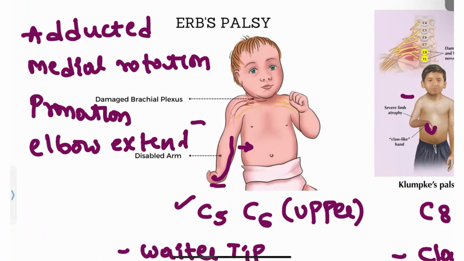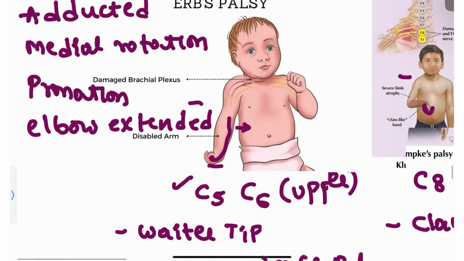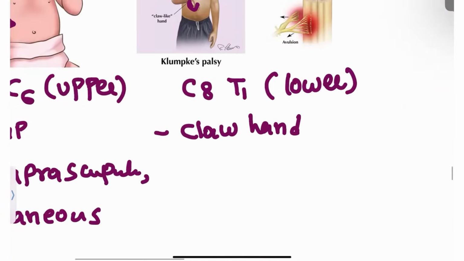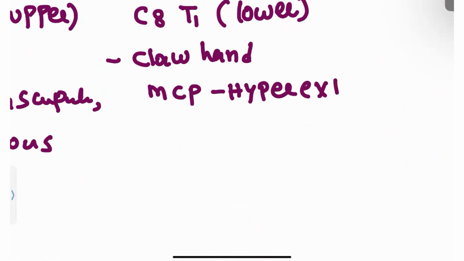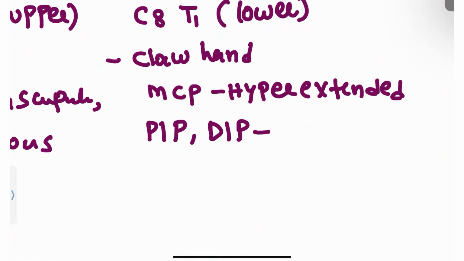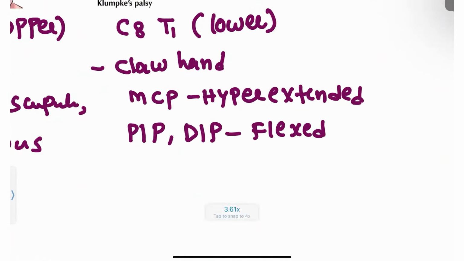This is how the defect is seen in Erb's palsy. Whereas in claw hand, partially the hand will be clawed. What happens in this claw hand is the MCP, the metacarpophalangeal joints, are hyperextended. And next, the proximal and distal interphalangeal joints are flexed. Okay, this is causing the claw hand.